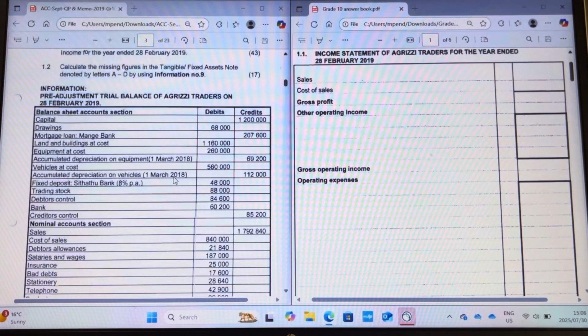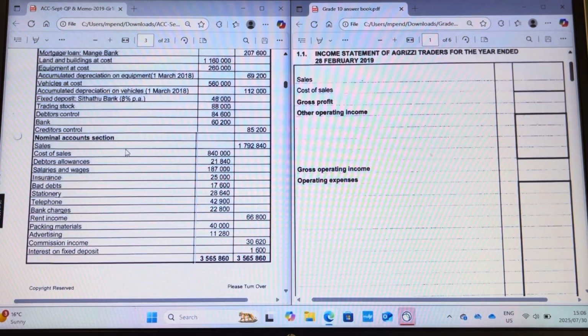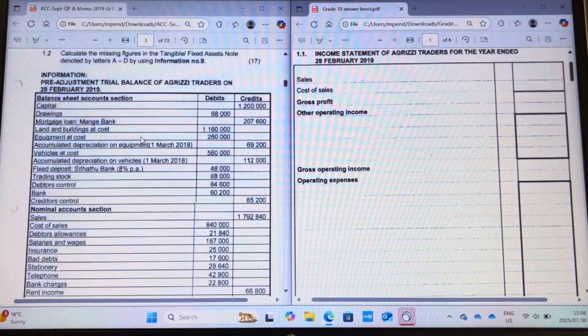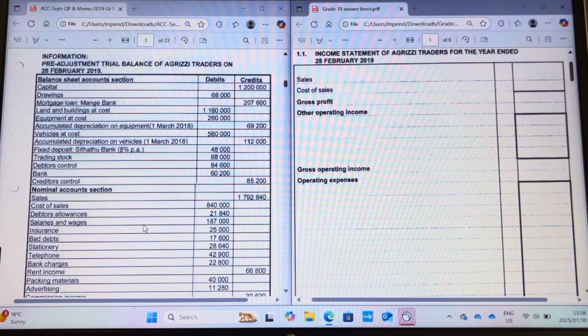So we are given a pre-adjustment trial balance of Agreezy on 28 February. What does that mean? If we're given a pre-adjustment, it means that there are certain adjustments that we would have to make. We are given our nominal and our balance sheet accounts. Nominal accounts normally include the income statement accounts. Balance sheet accounts normally include the statement of financial position accounts.